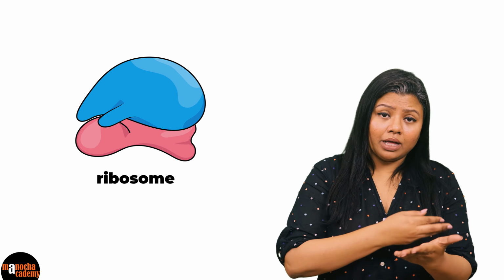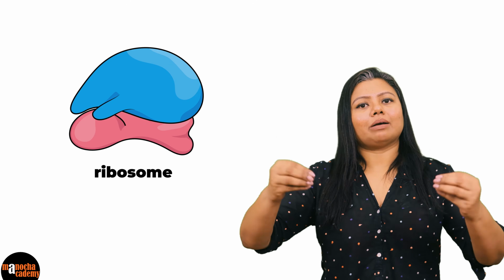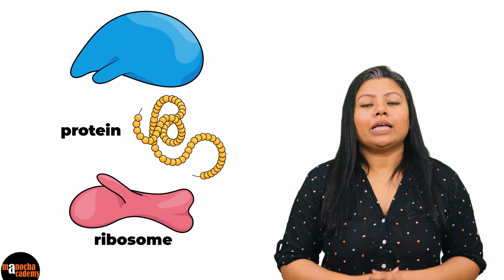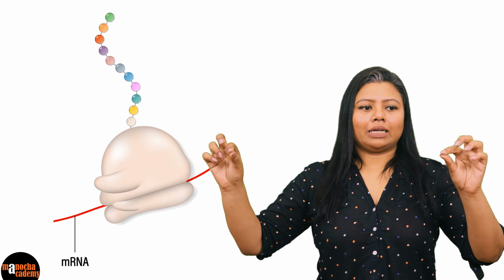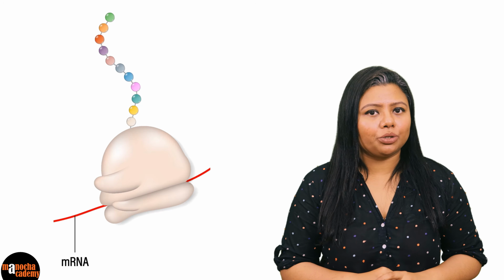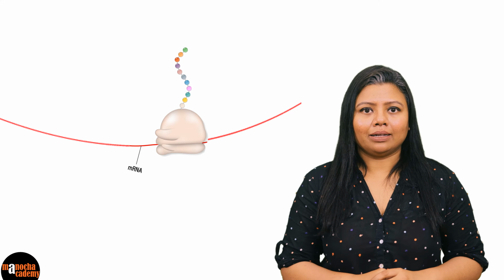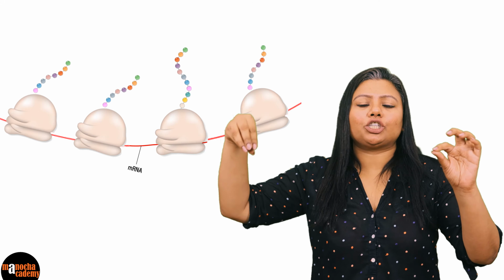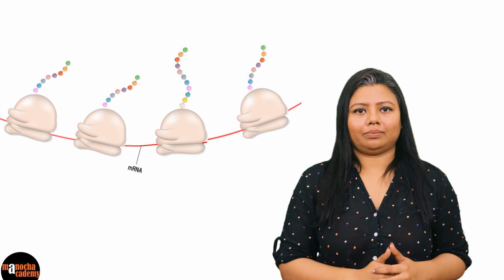The ribosome attaches to the messenger RNA, reads it and joins amino acids one after the other to form the protein. During this time, one messenger RNA can have one ribosome attached to it, or in prokaryotic cells we see that one messenger RNA has many ribosomes attached to it to make multiple copies of the same protein.